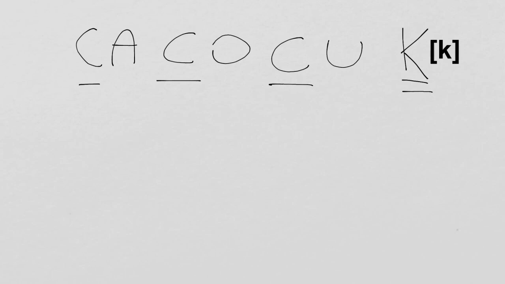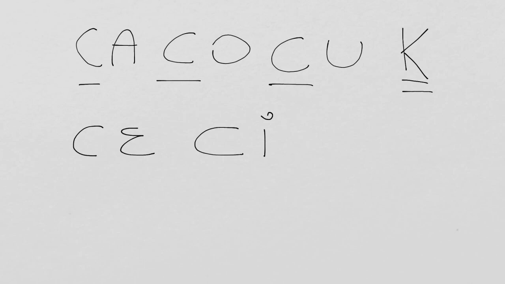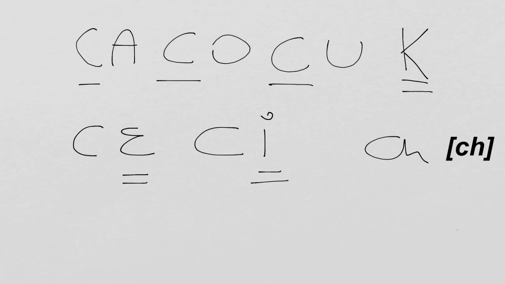But we are going to use the letter C to represent K. However, in front of the letter A and the letter E, the letter C sounds like ch. We can get into the reasons why, but for the time being, let's just look at ka, ko, ku.